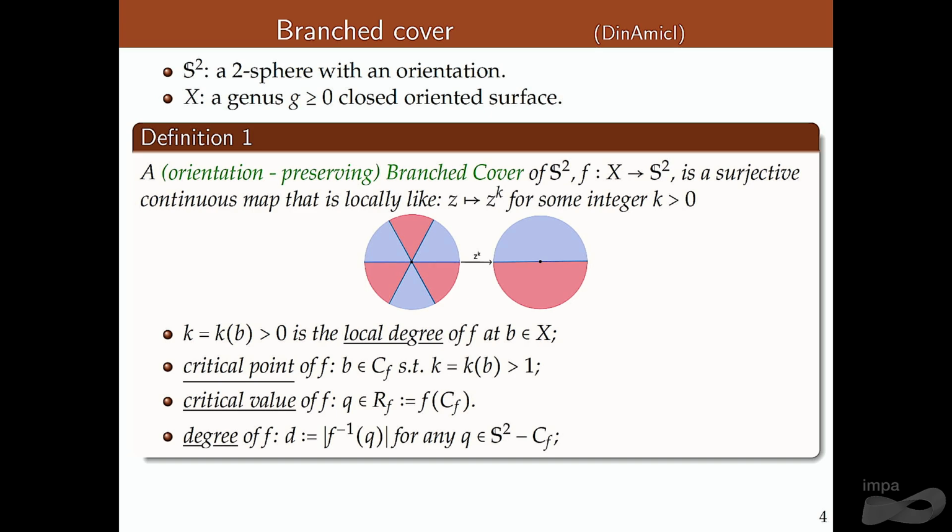That power is the local degree of the point for that map. If that number is greater than 1, it's a critical point, and around it the function is not injective. The image of a critical point is a critical value. And the degree is the cardinality of a fiber of a non-critical value, of a regular point.